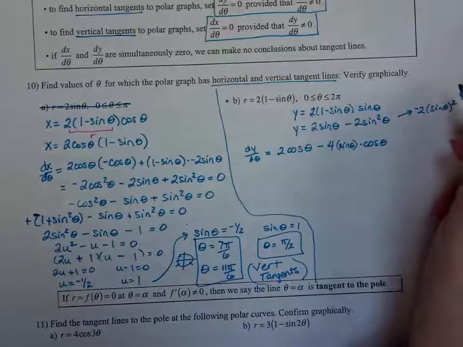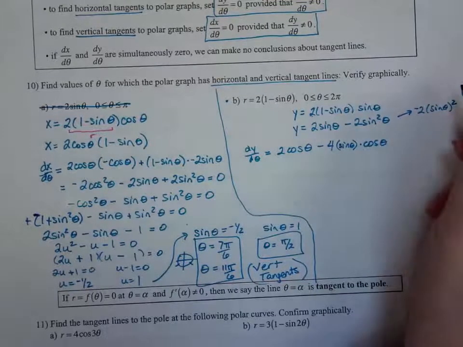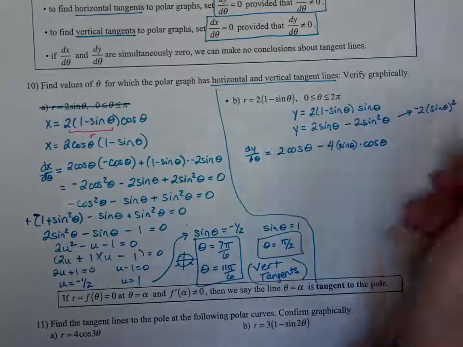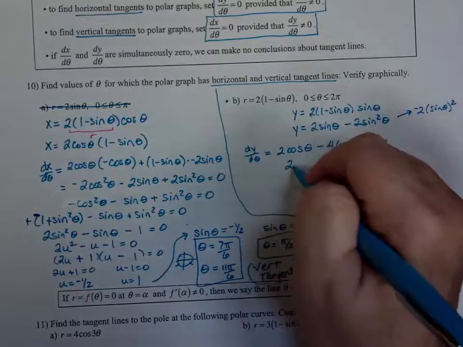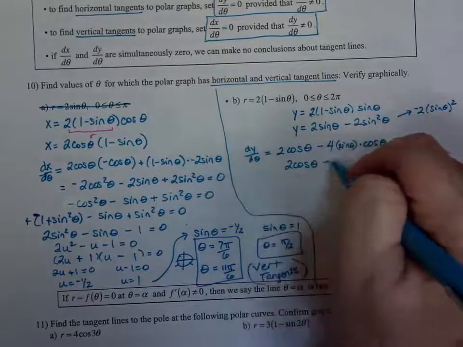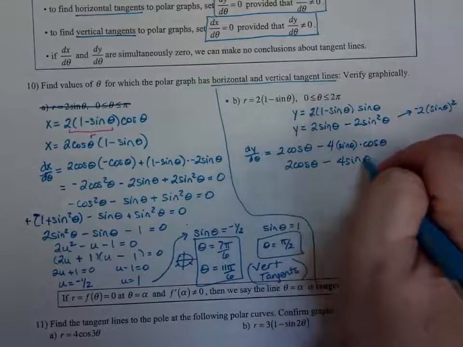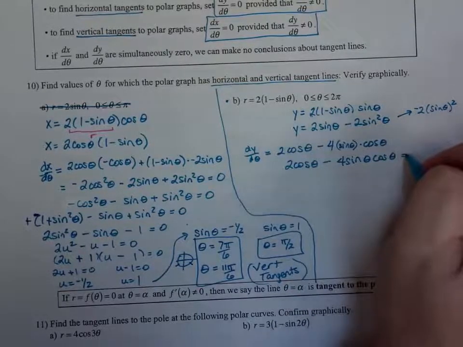Okay? So I'm done. That was not bad, was it? That's it for the derivative. So 2 cosine theta minus 4 sine theta cosine theta equals 0.